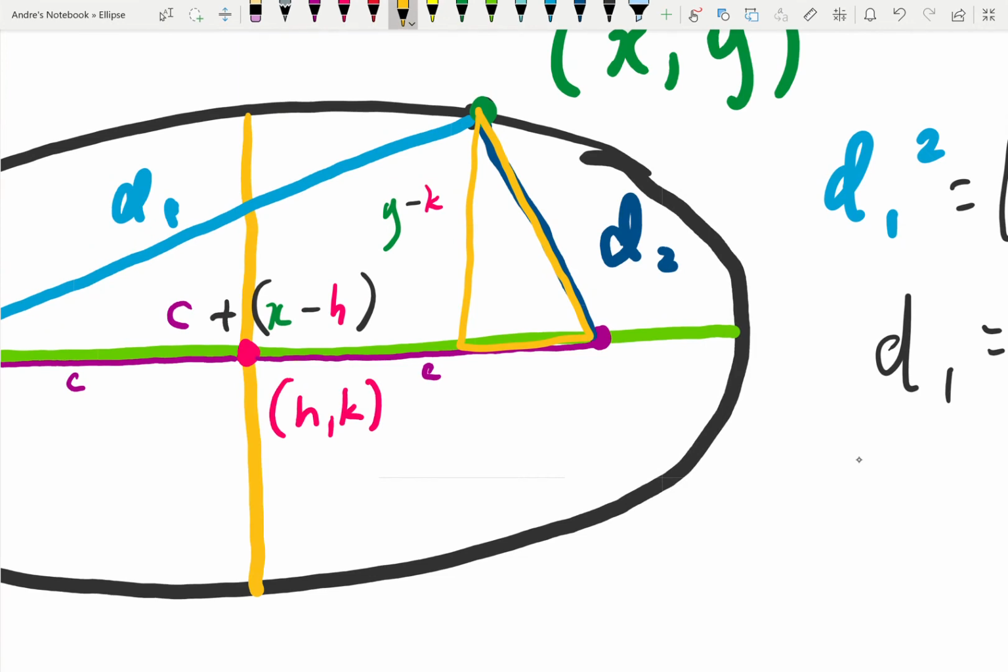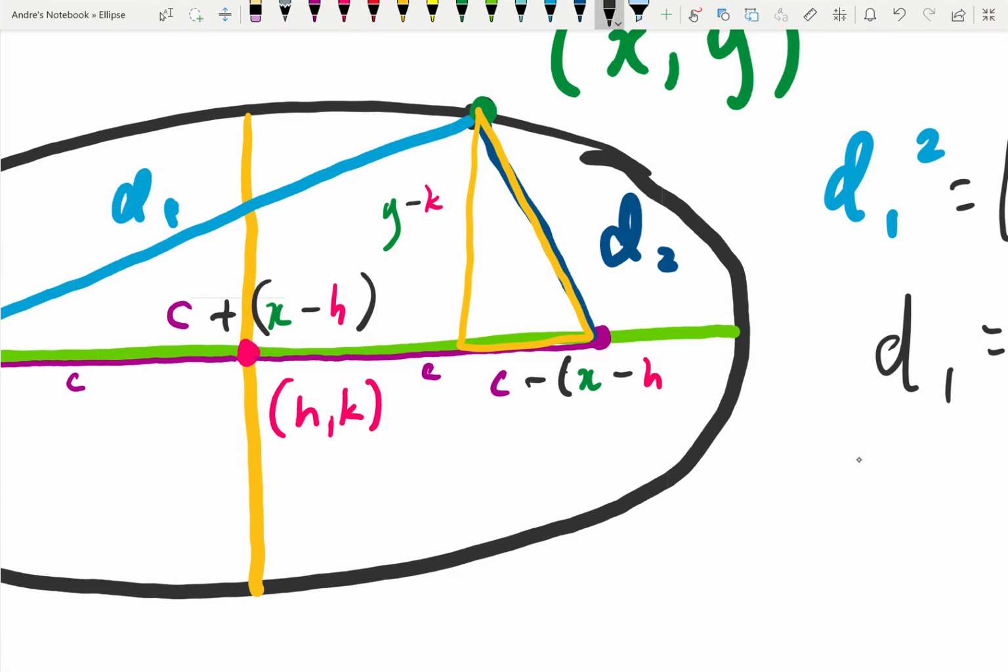So the horizontal length of that right angle triangle in yellow is just going to be c subtract this piece here, which is x minus h.